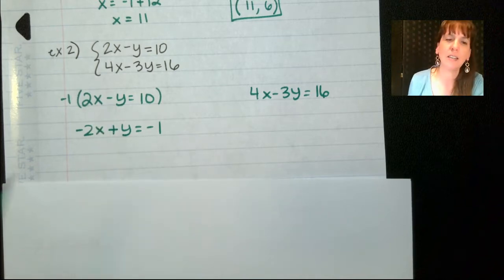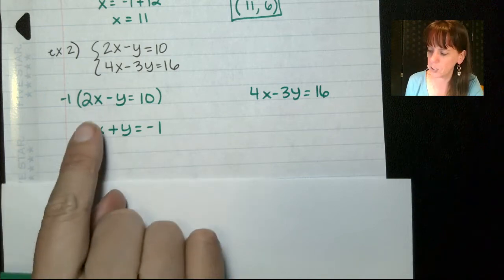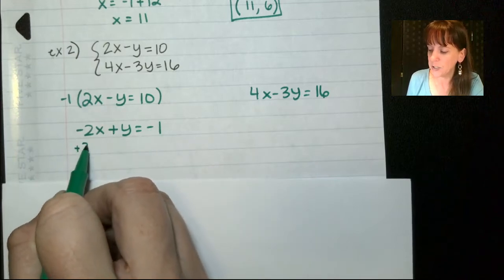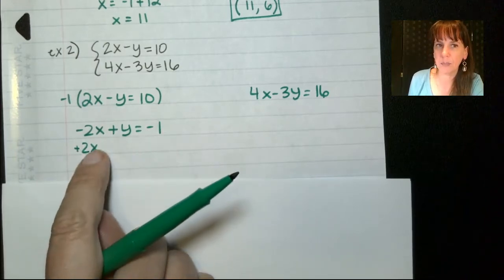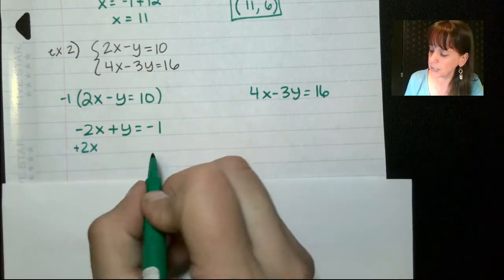So if you ever see that you have a sign that you don't like in front of one of your variables, you can change it. You just have to change all the other ones with it. So all I did was change every sign. Now that I do that, I can add 2x because I want to get that y by itself. So since I'm subtracting 2x there, I'm going to add 2x to both sides.